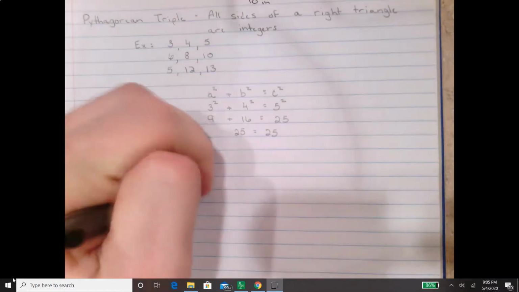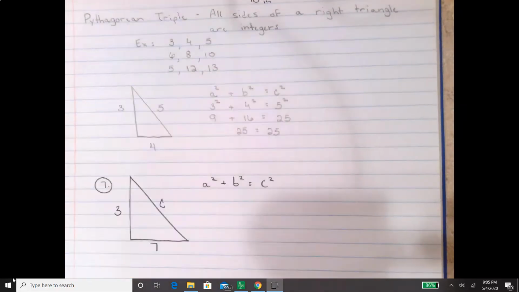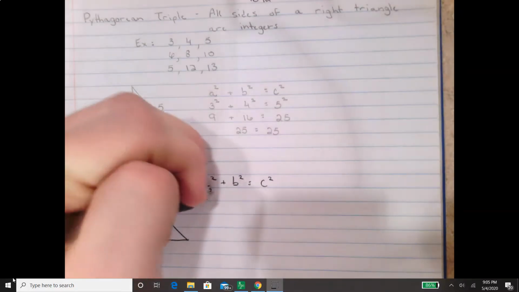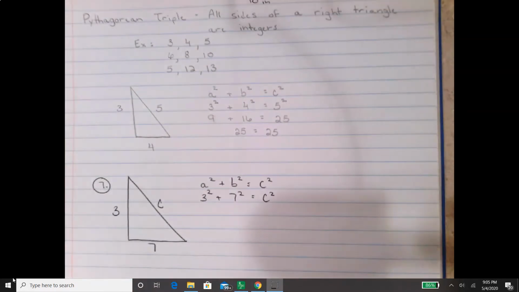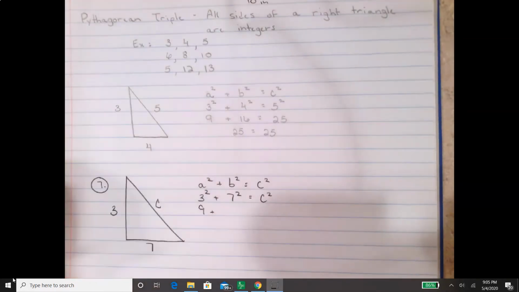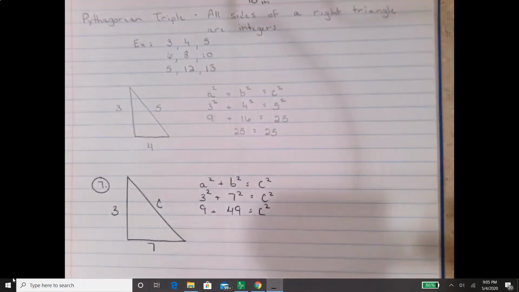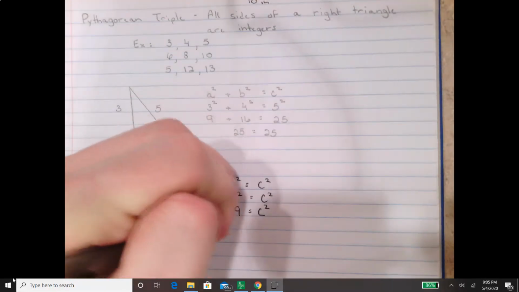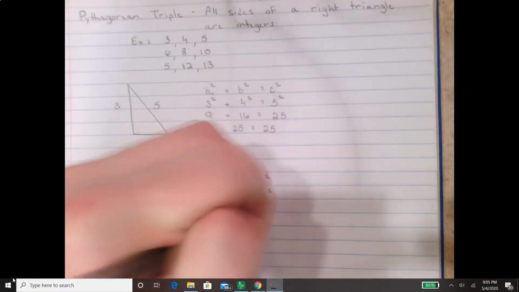Let's go through and solve. a squared plus b squared equals c squared. a is 3, so 3 squared, plus b squared, which is 7 squared, equals c squared. 3 squared is equal to 9. 7 squared is 49, and that equals c squared. If I add these two together, 49 plus 9, I get 58, and that's equal to c squared.